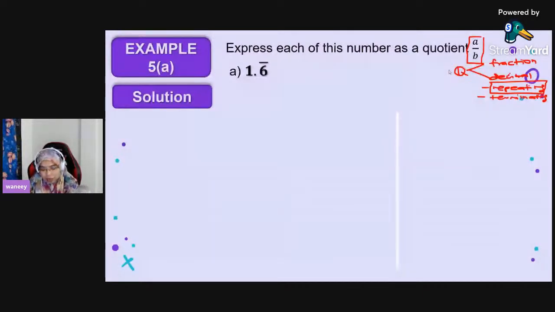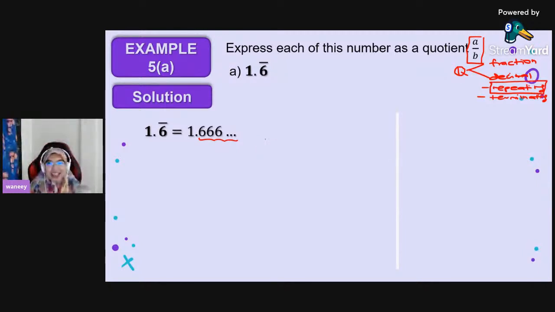So now, what is 1.6 with a bar on top of the 6? That is actually 1.6666666 and so on. As you can see, this is repeating. We keep repeating the 6 infinitely.